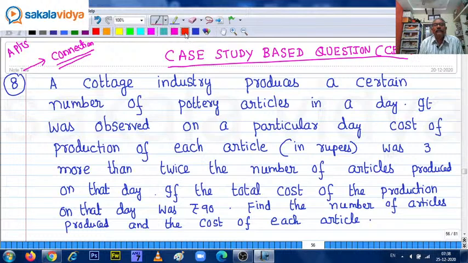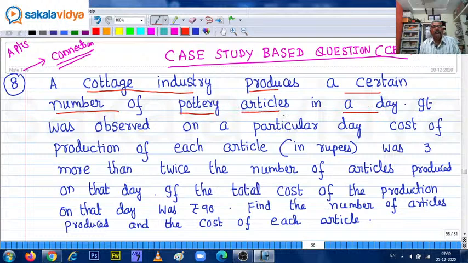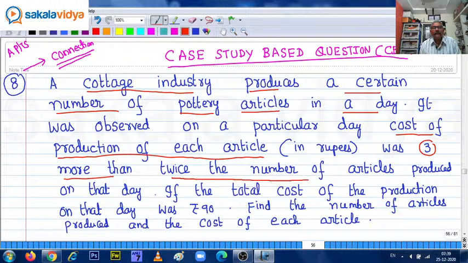So here first let me read the question once again for the sake of you people. A cottage industry produces a certain number of pottery type articles in a day. So what was the observation? It was observed that on a particular day, this is important, the cost of production of each article was 3 more than twice the number of articles produced on that day.